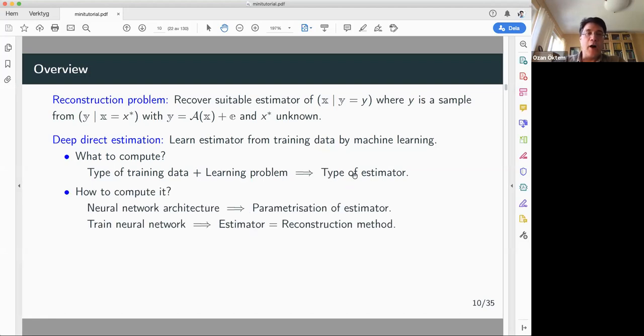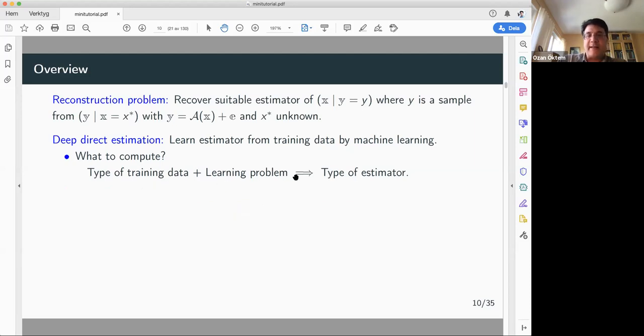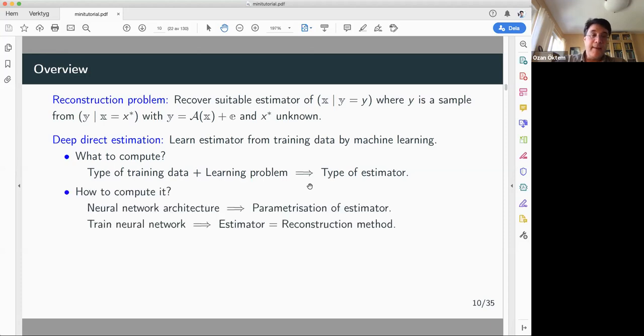The next question is, how do you compute your estimator? The first part actually doesn't involve machine learning at all. It's essentially decision theory, statistical decision theory applied to inverse problems. This part is more about how to compute it, not what to compute. You need to typically choose a neural network architecture, which essentially means you're parameterizing the family of estimators you're interested in.